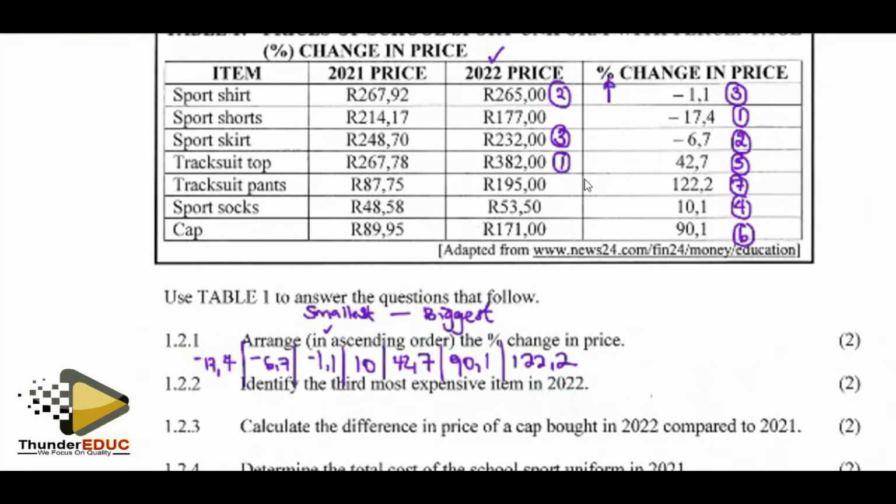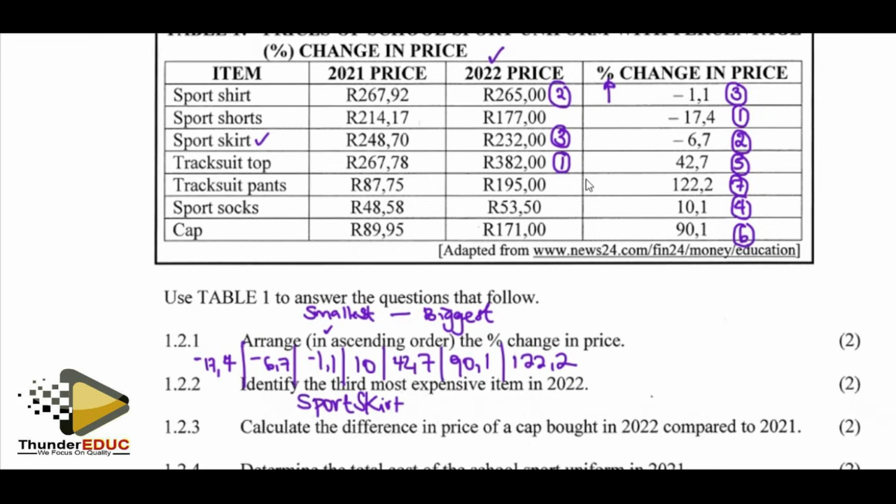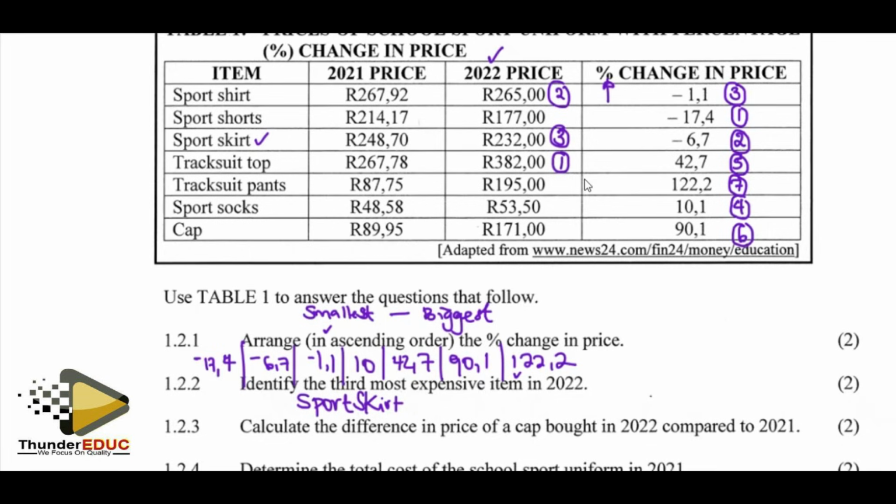We only need three of them. So the third is the sport skirt. Remember, the reason why I'm writing this is because they say identify the third most expensive item. They didn't say price, so you can't put the price there.